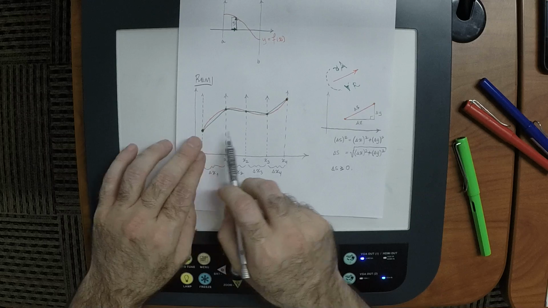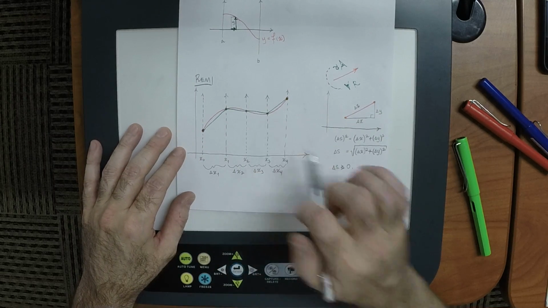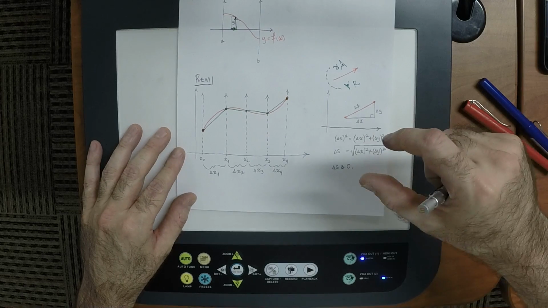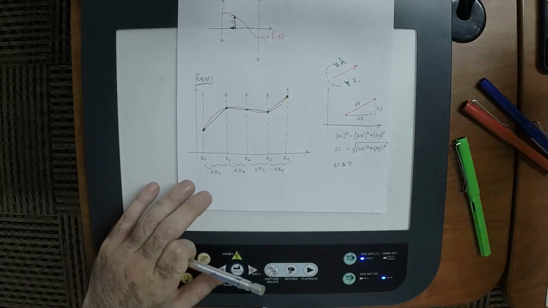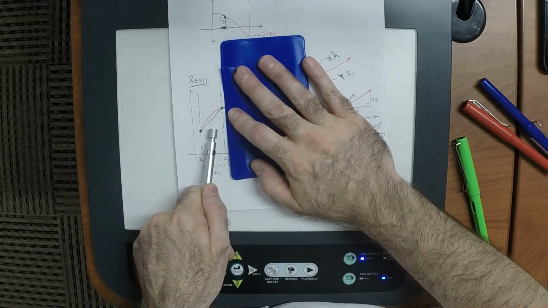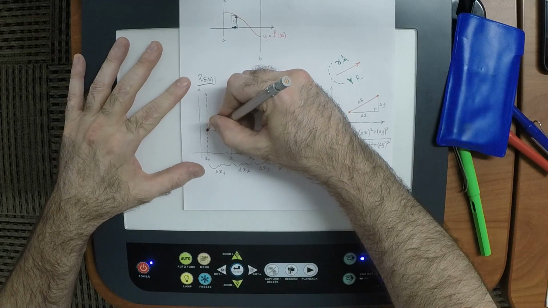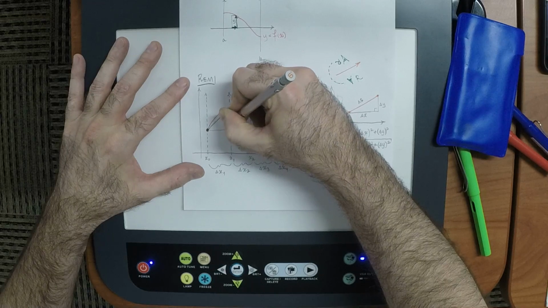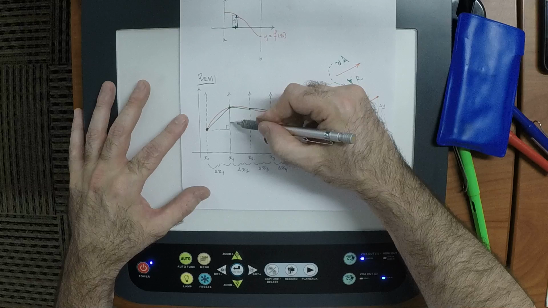Okay, so that's telling us the base of these 1, 2, 3, 4 triangles, right? Because I'm doing this trick on each piece. Now I need to find the heights. So ignoring all the other bits and just looking at that part, I'm talking about this triangle right here. And this is delta x1. I'm asking what's delta y1?